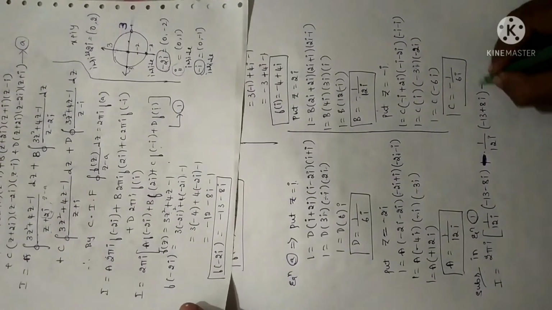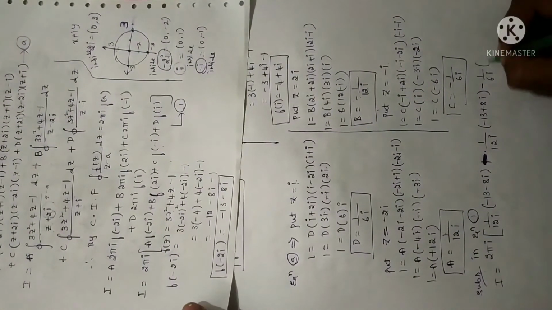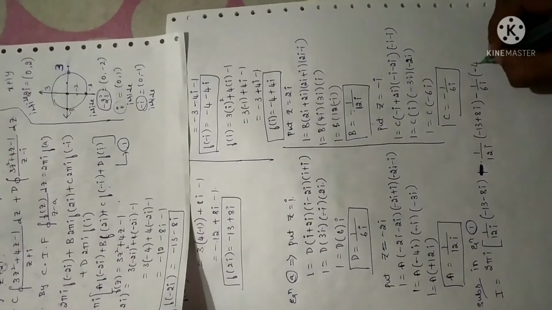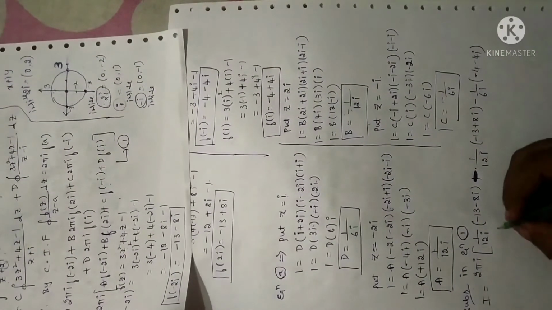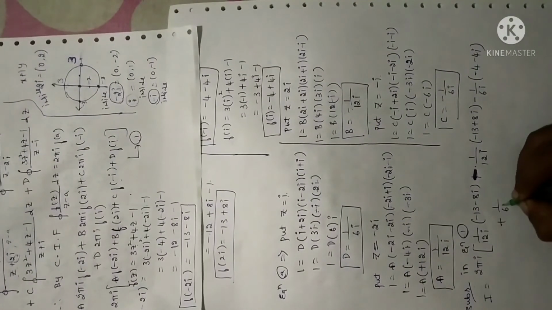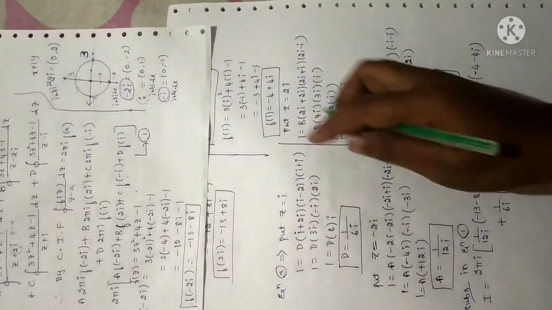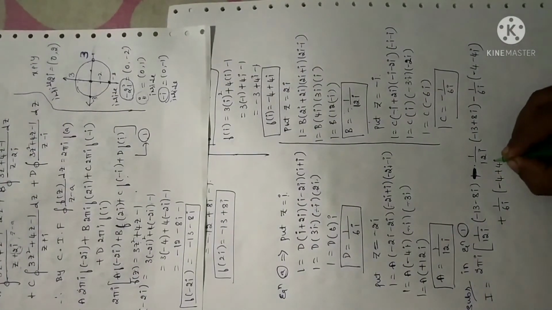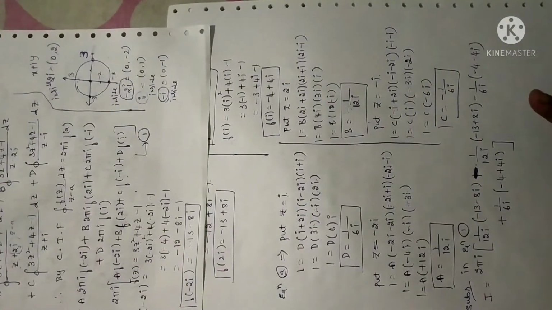Again C is minus 1 by 6i into f of minus i value. F of minus i value is minus 4 minus 4i. So I am going to substitute here minus 4 minus 4i plus d value is 1 by 6i into f of i. F of i value is minus 4 plus 4i. So I have substituted. Now we need to simplify this.